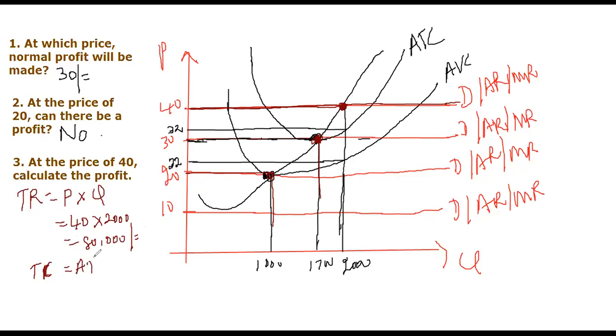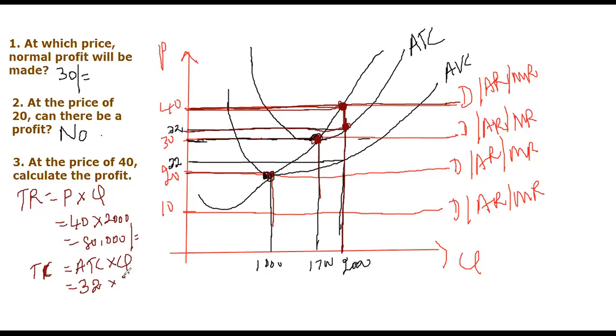TC is equal to ATC into Q. The Q is the same 2000. For the 2000, how to find ATC? See this MR equals MC point. 40 rupees. The already drawn line is there. This line cuts the ATC here. Understood? So how much is that? 32.